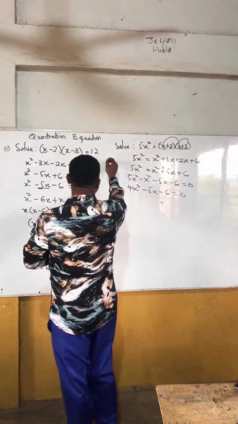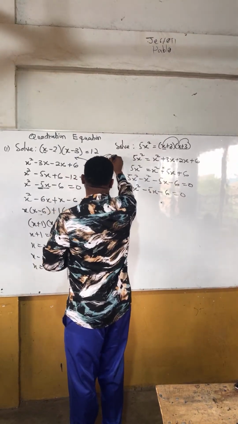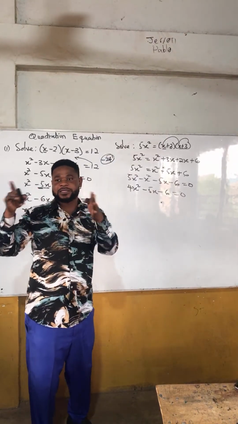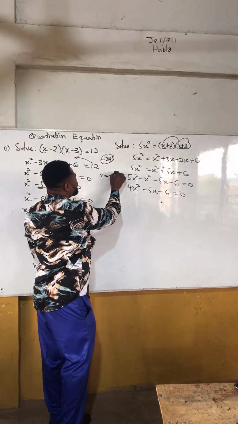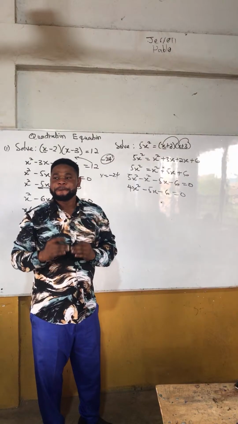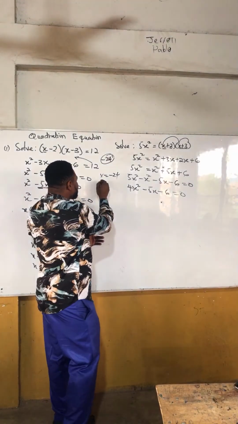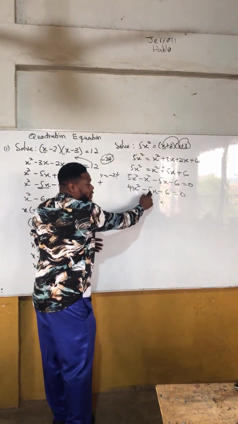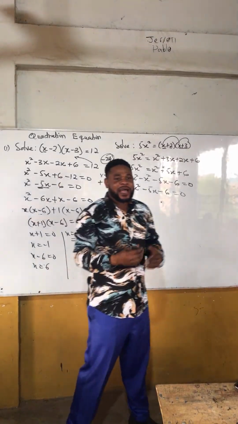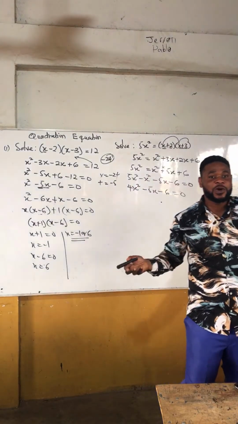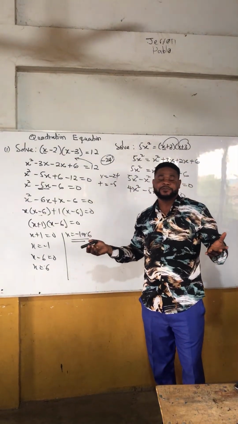Minus, so you have minus 24, right? Look for two numbers. Now when you multiply them, it will give us minus 24. But when you add them, it must give you the coefficient of our x, which is minus what? 5. And as a student in Form 2, you should be able to look for those numbers.